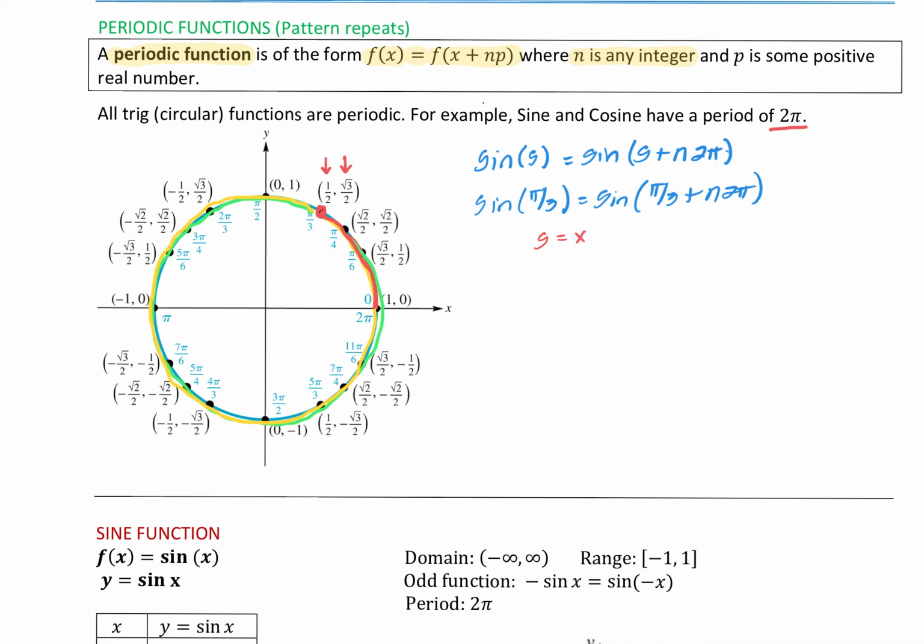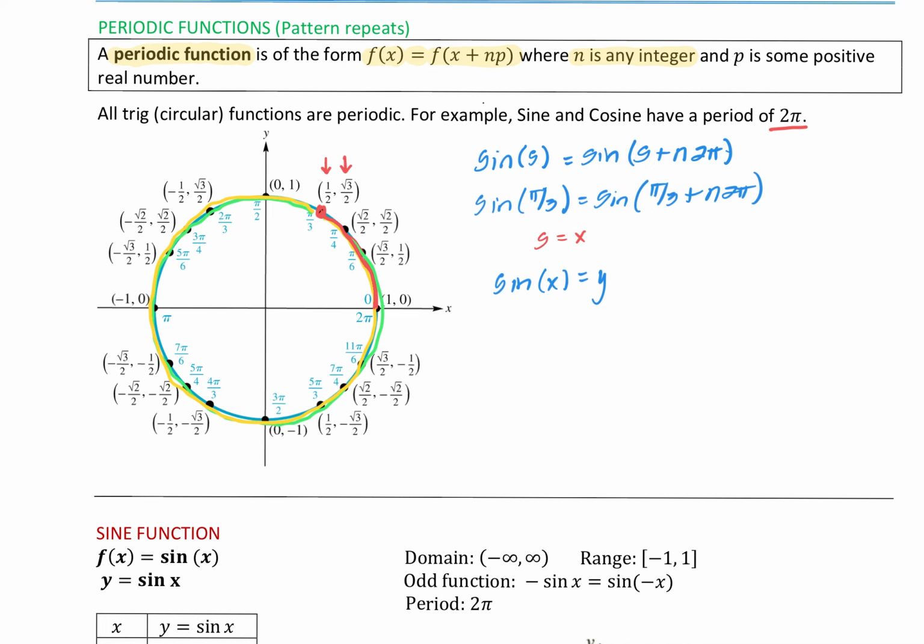So if I go an arc length s of pi over 3, that is now going to be my x value of pi over 3 that I put into sine. So sine of x instead of s is going to give me back some value, and here we're going to do our traditional values, which would be a y value. So put in an x, get back a y. And same for cosine.